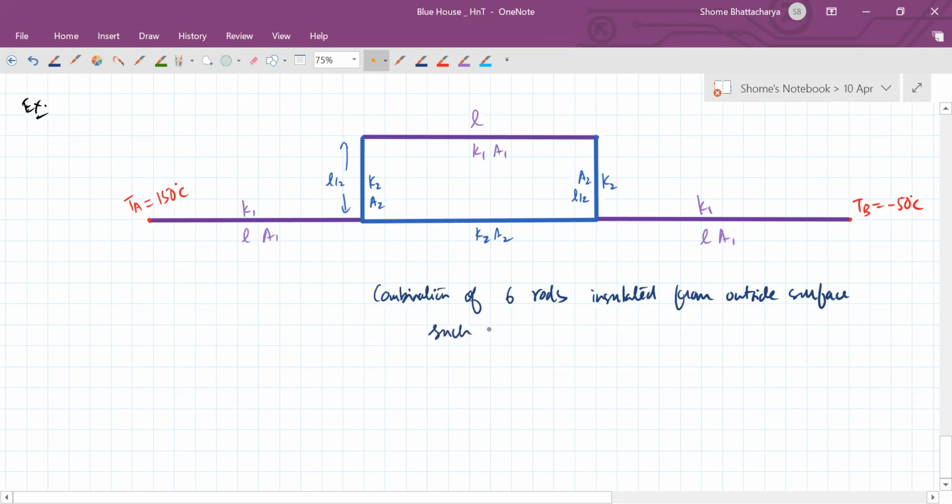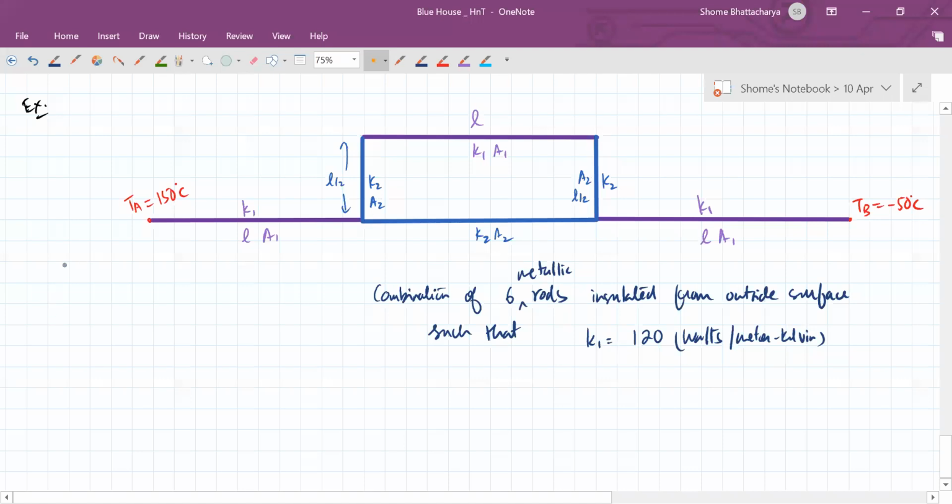Such that the 6 metallic rods. K1 is, let us say, 120 watts per meter Kelvin.